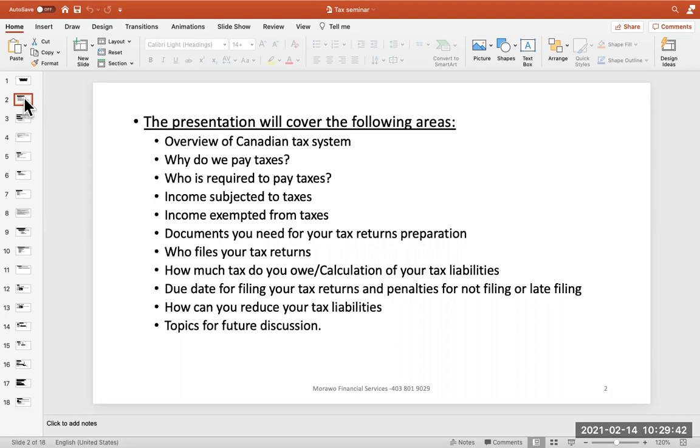Okay, so the presentation will cover the following areas: overview of Canadian tax system, why do we pay taxes, who is required to pay taxes, income subjected to taxes, income exempted from taxes, documents you need for your tax return preparation, who files your tax returns, how much tax do you owe, calculation of your tax liability, due date for filing your tax returns, and penalties for not filing or late filing.